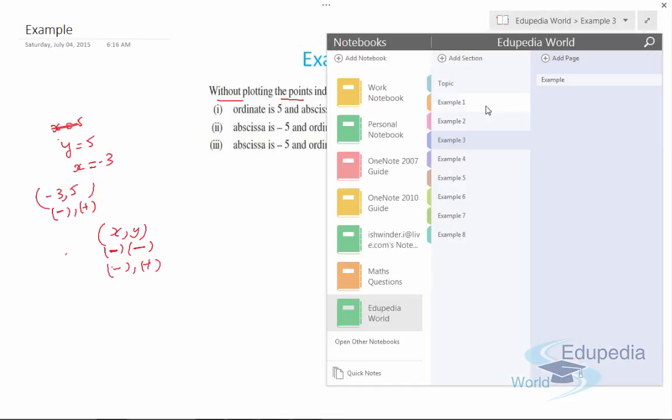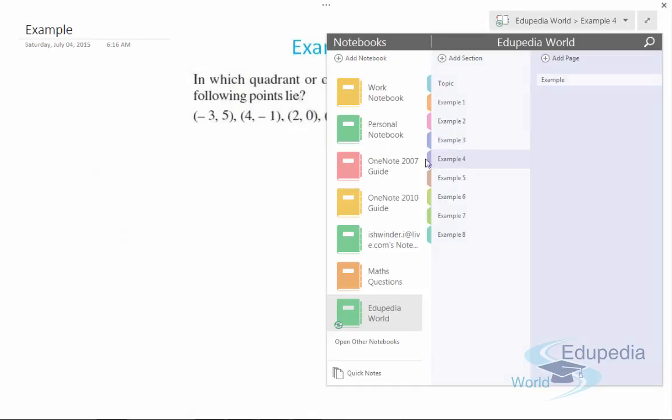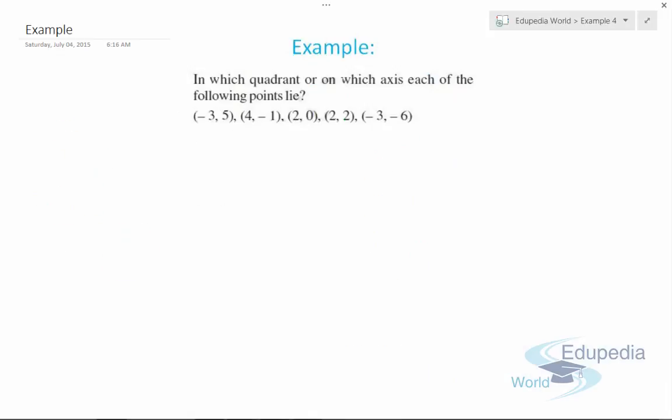Now let's discuss the next example, example number 4. In this example you have to tell in which quadrant or on which axis each of the following points will lie. So let me draw a plane again. This is the first quadrant, this is the second quadrant, this is the third, and this is the fourth.